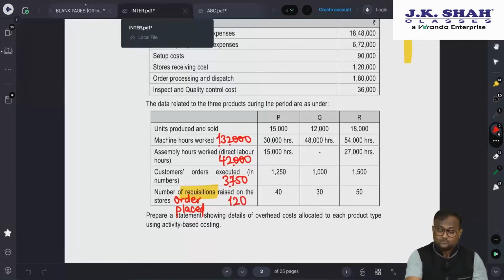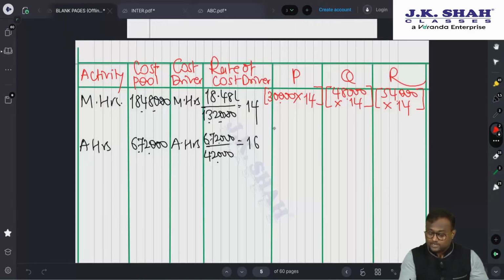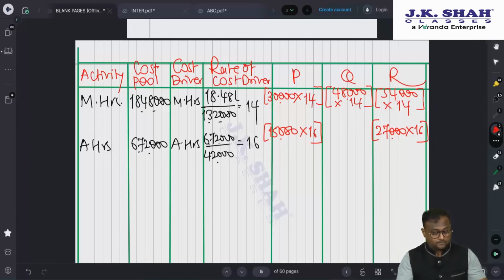Then 16 per hour is applied on 15,000 and 27,000 hours, giving 2,40,000 and 4,32,000. This is what you are supposed to do.